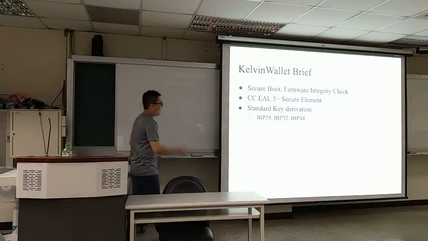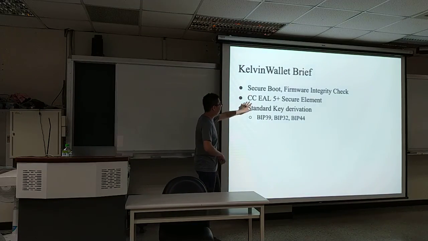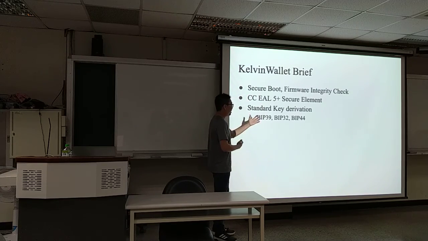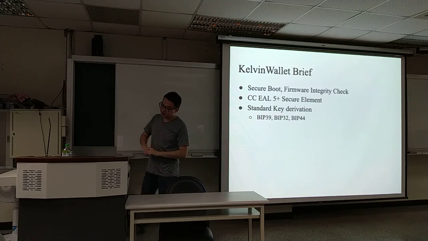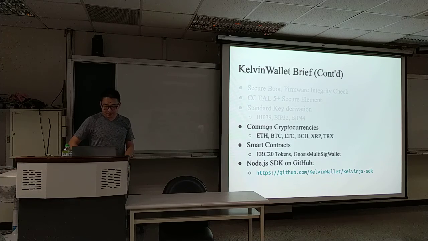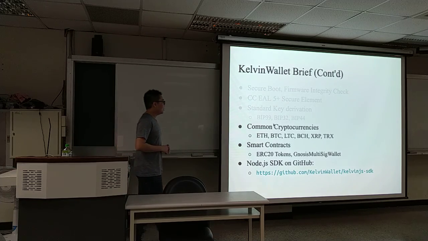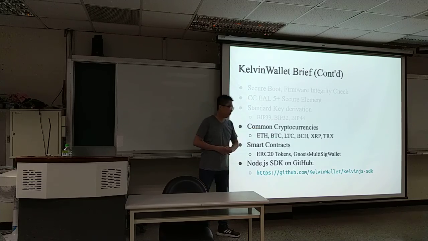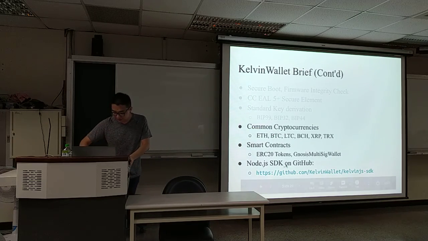And here is just a tech brief. We are not going to go into the details, but this device supports the common standards to derive private keys for cryptocurrencies like Bitcoin, Ethereum, Ripple, and so on. Currently it supports some blockchains, including Ethereum, Bitcoin, Litecoin, Bitcoin Cash, Ripple, and Tron.